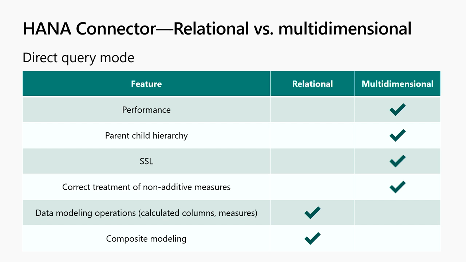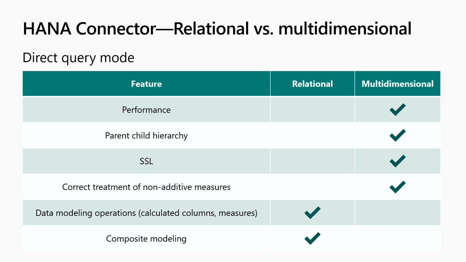Also, the multidimensional connector supports parent-child hierarchy, SSL, and that's where the product team is investing. Any new features coming going forward will be in multidimensional mode, including the new edit variable feature, which is scheduled, which we'll demo next, right?